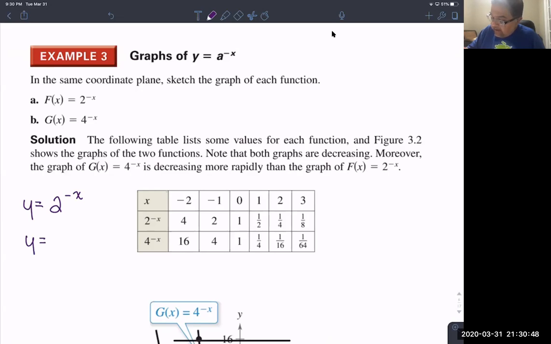So this is the same as 1/2 to the x power. Okay. So if the base is less than 1, or if your exponent is negative, this is known as exponential decay.